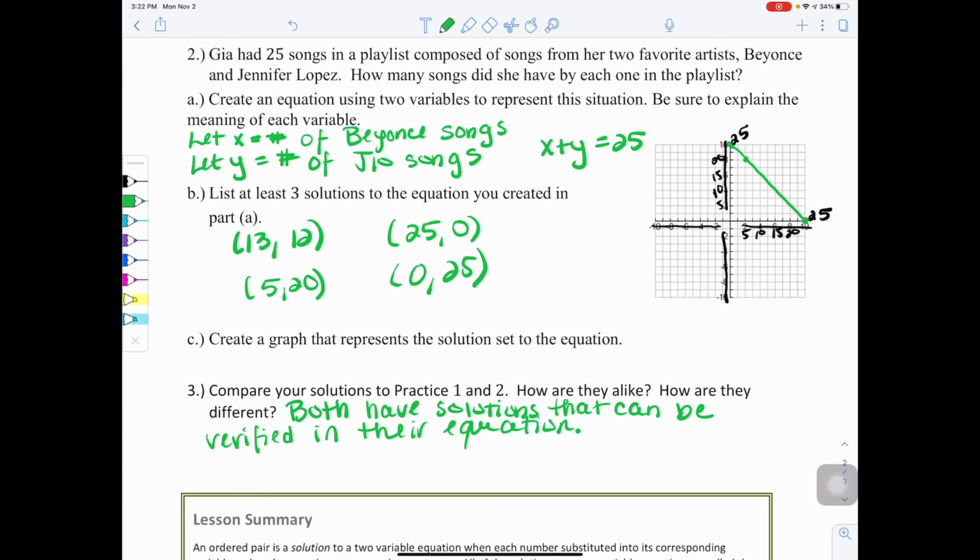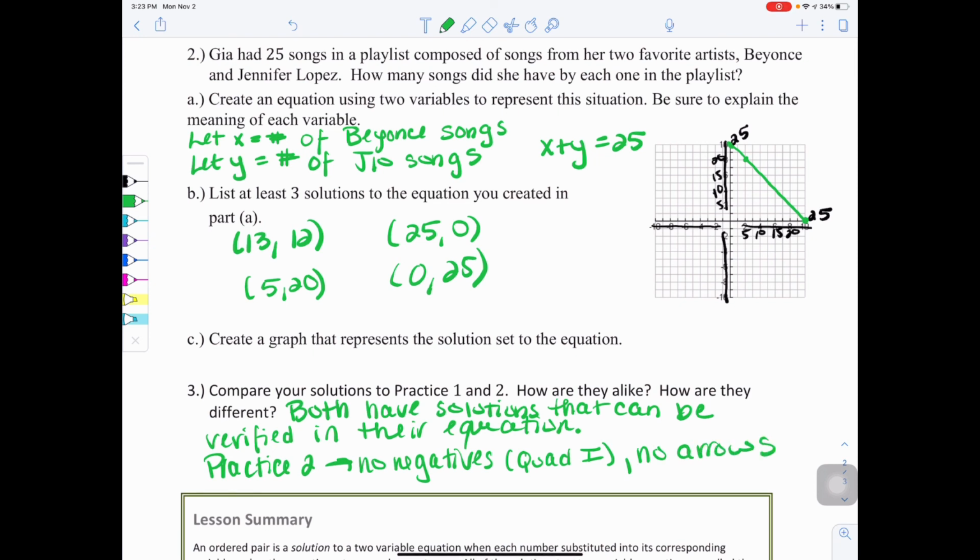So first of all, here, I hope you noticed there was no negatives. So in practice 2, we have no negatives, and that's because you can't have a negative number of songs. So you're only in quadrant 1, which you see because you have a better version of the graph. Also, we don't have any arrows.